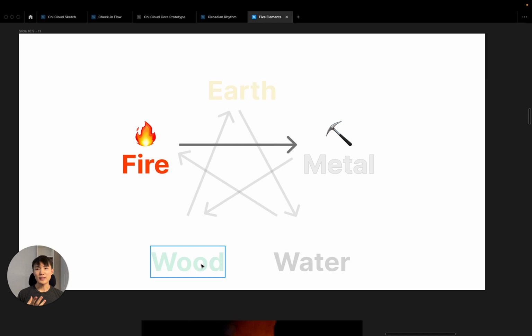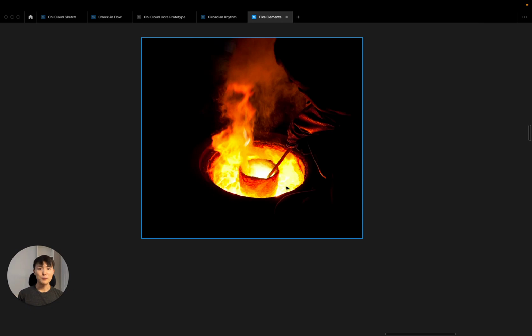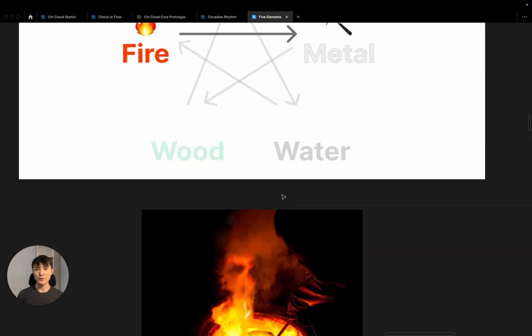Remember that wood is the generation cycle for fire. So wood generates fire. Fire controls metal. And you can think about metal being this very hard substance, but only with fire can you control metal. So fire controls metal.